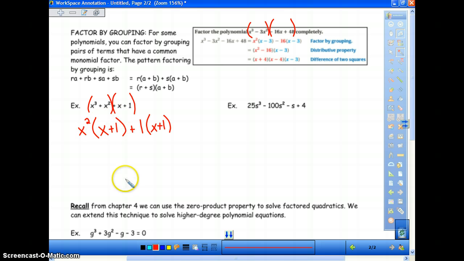So now, when we factor by grouping, this term and this term will become one of our factors: x squared plus 1. And then the ones that are left are going to be our other term, but they're only one term. We're not going to put x plus 1 twice. We're just going to put it once.